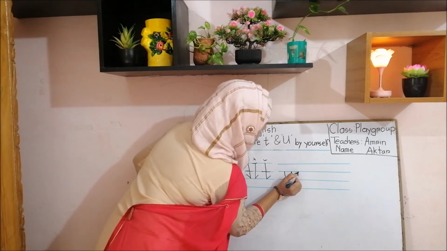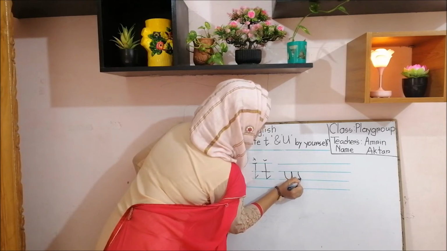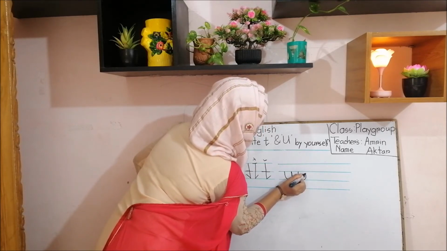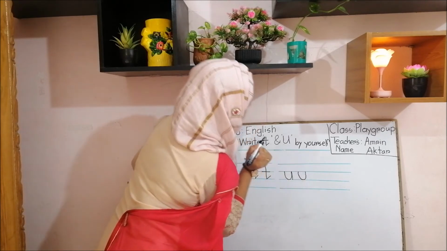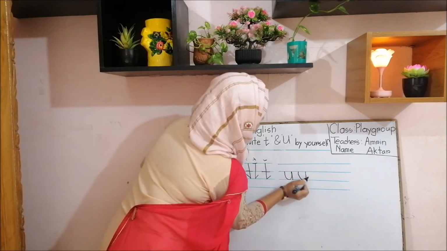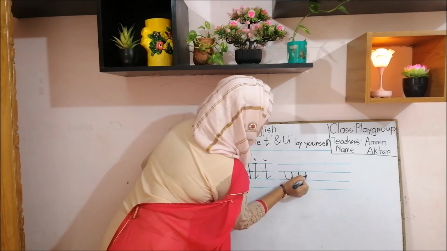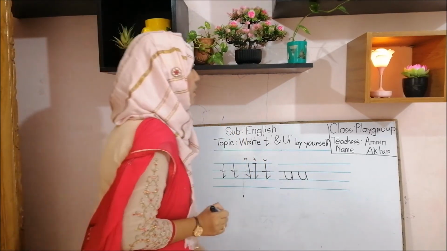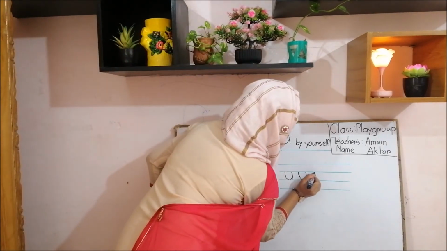I'll start from the second line. Then I will go down, down like this way. Then I will touch the third line. Then I will go up again and touch the second line. Now, I will draw one standing stick like this way. This is U.